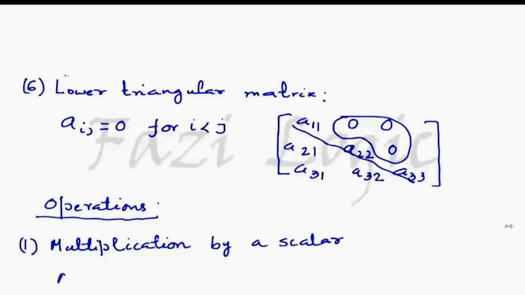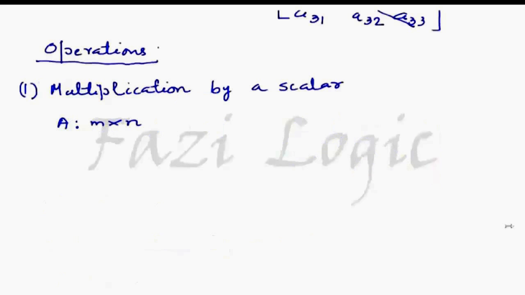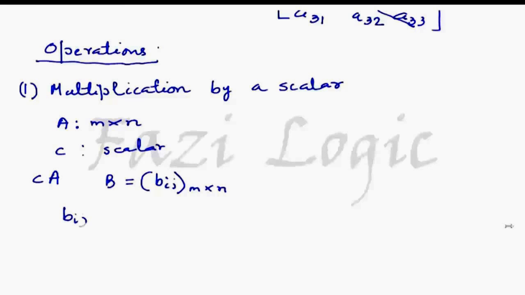Let A be an m cross n matrix, m rows and n columns, and c be a given scalar. cA, multiplication of matrix A by the scalar c, is defined as another matrix B, also of order m cross n like A, where we define Bij equal to c times Aij, where i varies from 1 to m and j varies from 1 to n.